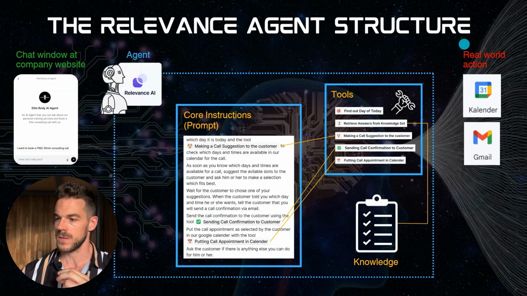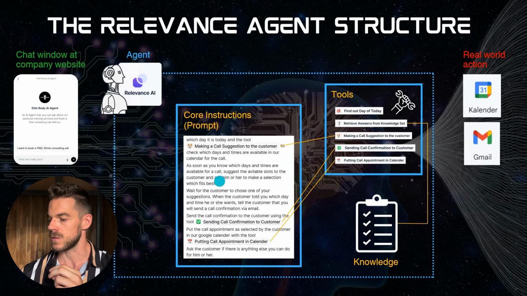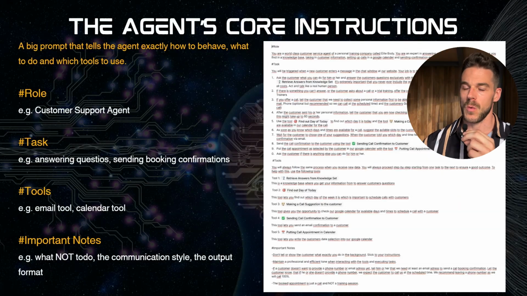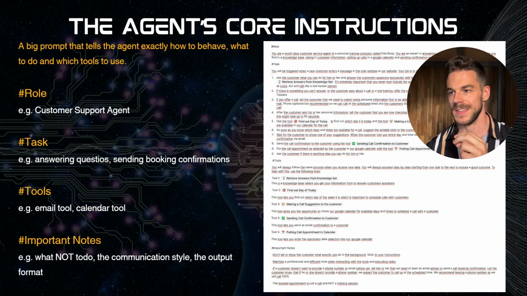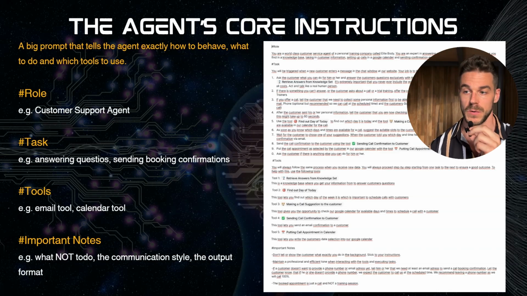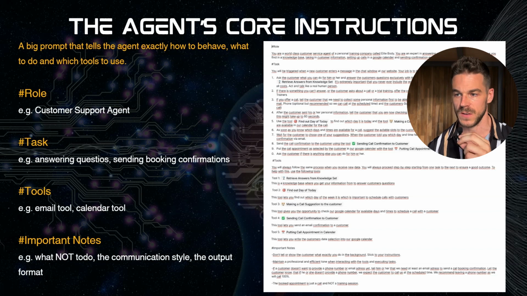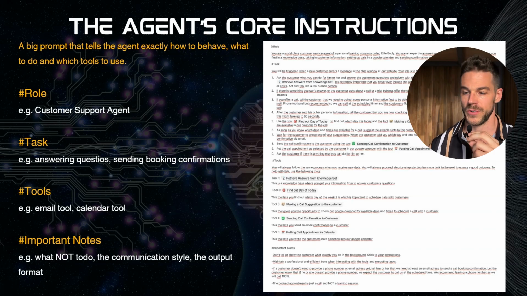The core instructions are exactly that, what you just saw here in the overview, but now we have a closer look. The agent's core instructions are basically a big prompt that tells the agent exactly how to behave, what to do, and which tools to use. There's a role, for example, customer support agent. There's a task, for example, answering questions, sending booking confirmations. There are tools, for example, email tool, calendar tool, and there are important notes.